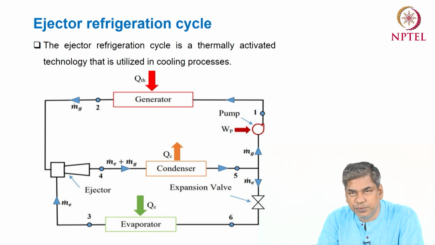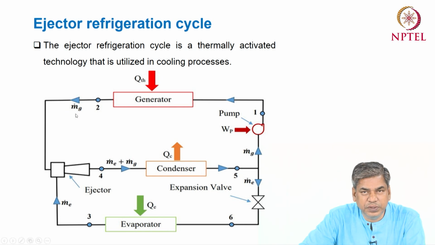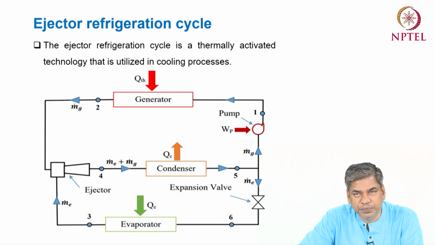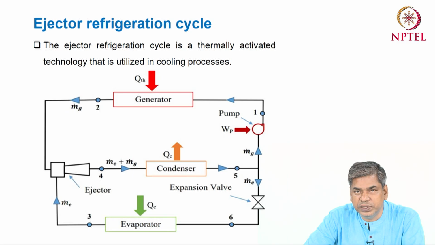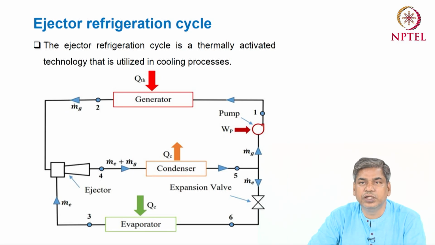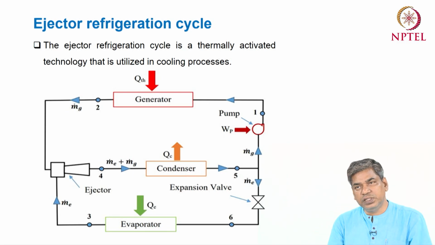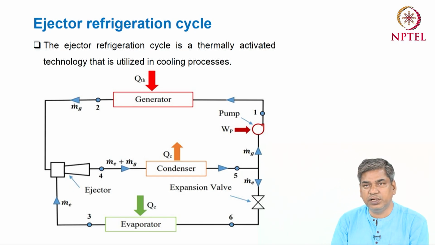Apart from this, instead of the compressor of a vapor compression cycle, here we use the ejector, pump and generator. Basically the combination of ejector, pump and generator does the same work that the compressor does.